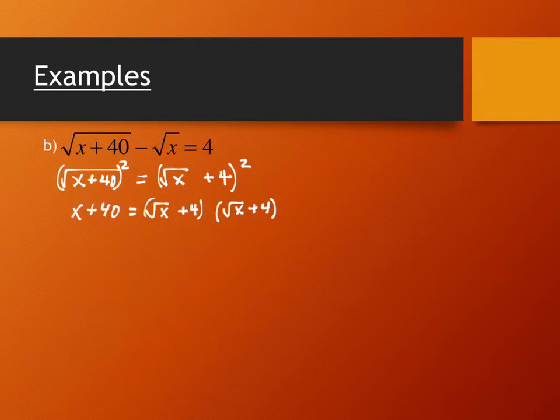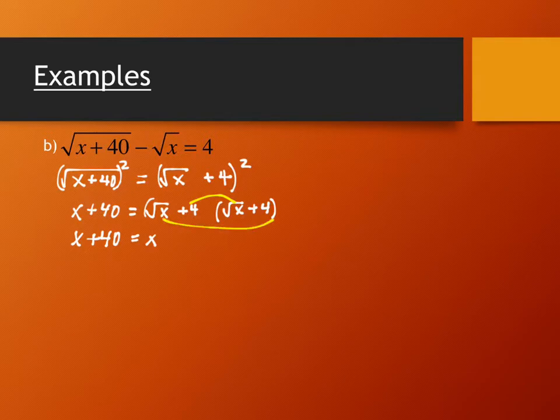That's what squaring does. It means to multiply it by itself. And that involves FOILing. So my first two terms eliminate the radical, at least for that part, right? Square root of x times the square root of x is x. The problem is that the inside terms and the outside terms don't. So when I multiply these two together, I get 4 square root of x.